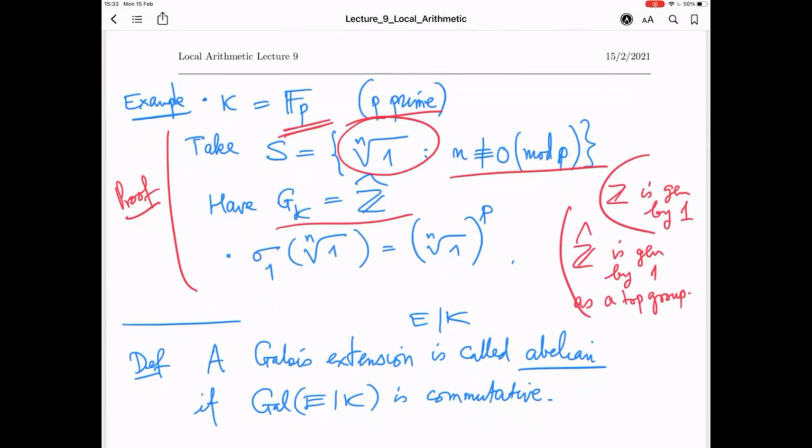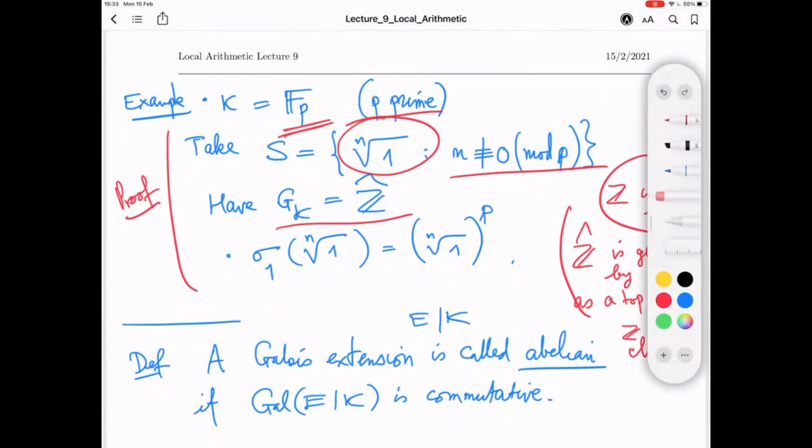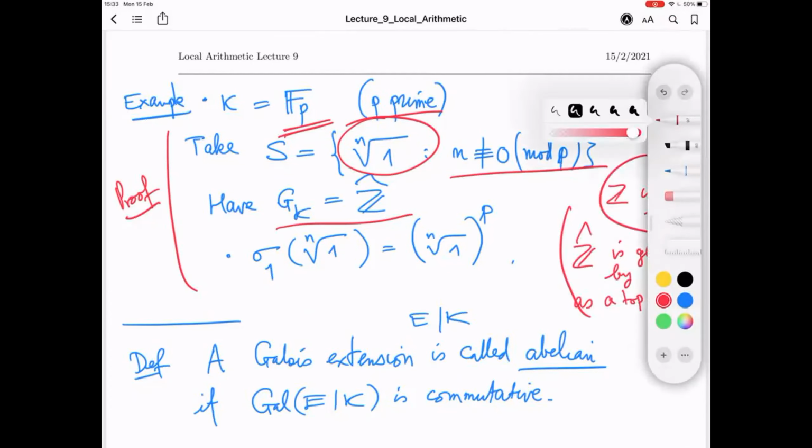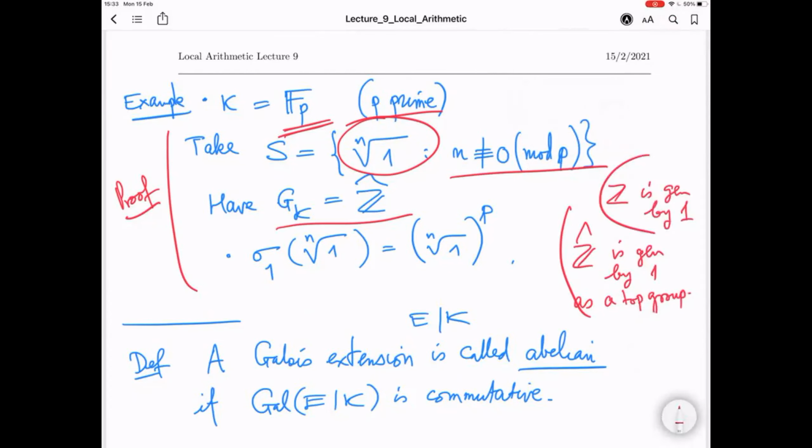Well, that's the same as saying that the closure of Z in Z hat is Z hat.